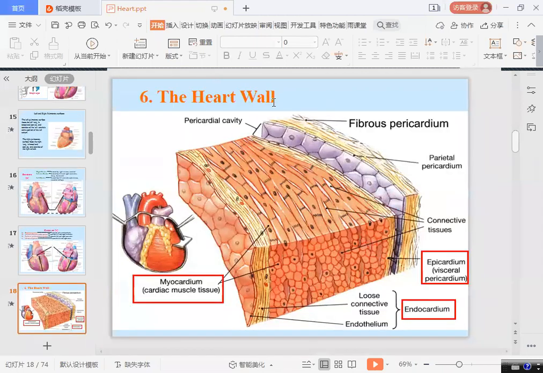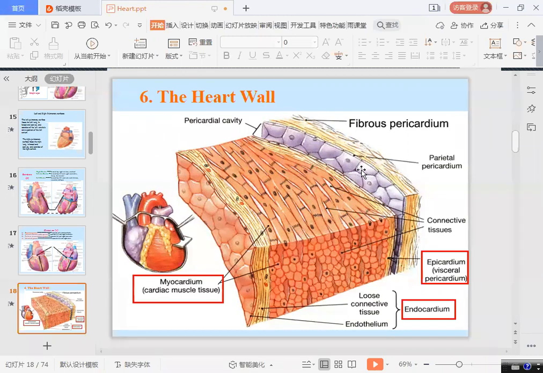Okay, so next we have the heart walls, or the cardiac wall. When we look at the heart, we have the outermost layer, the innermost layer, and then the muscles.